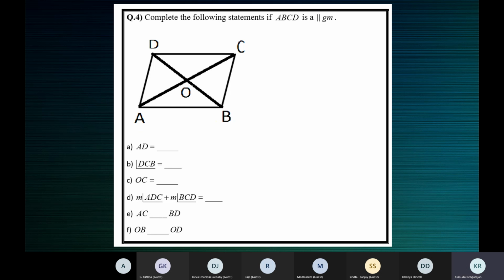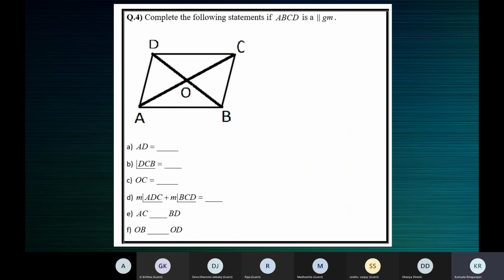So they're supplementary angles. So measure of angle ADC plus measure of angle BCD is equal to 180. Give me the other results like this, children. Now here we have one: measure of ADC plus measure of BCD is 180.